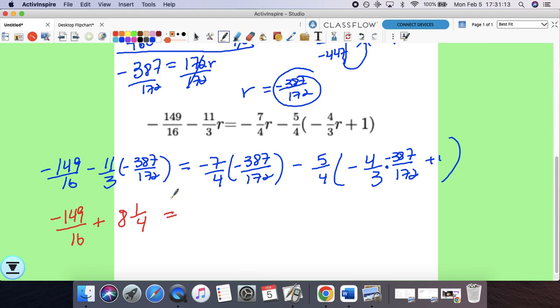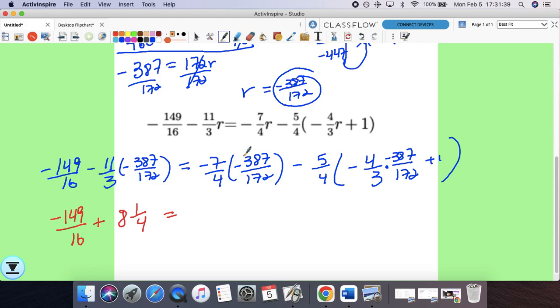Okay, so just out of curiosity, let me see if I can simplify 149 over 16. I can. Well, we'll talk about that later. Now let's multiply this. It's a negative times a negative, so that's going to give me a positive. So it's 7 over 4 times 387 over 172.